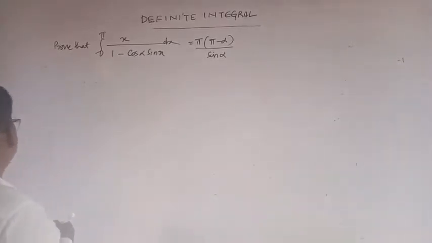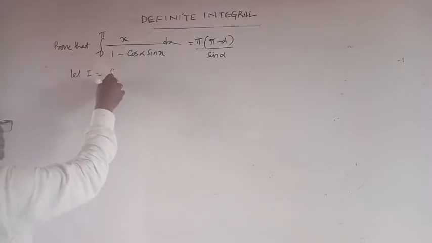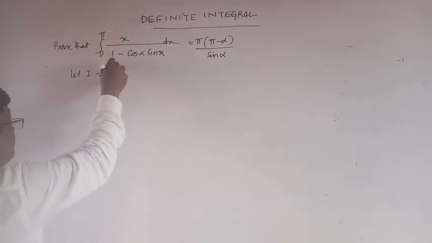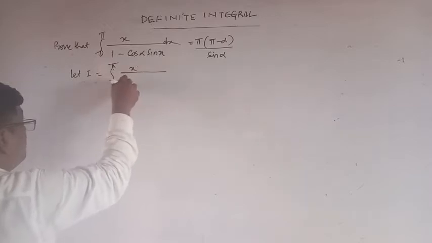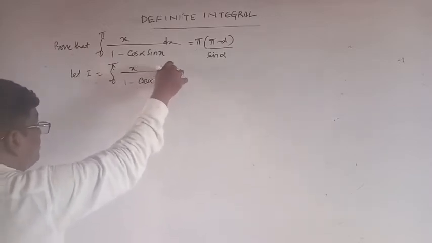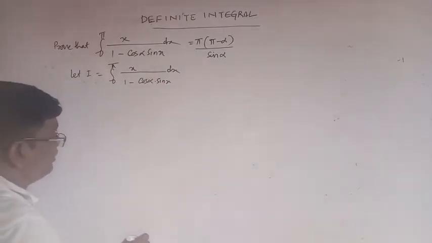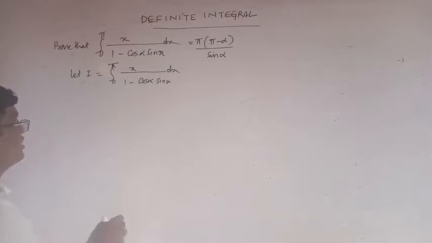Let I is equal to integral from 0 to pi of x divided by (1 minus cos alpha times sin x) dx. Now apply property number 5, that is the a minus x property.